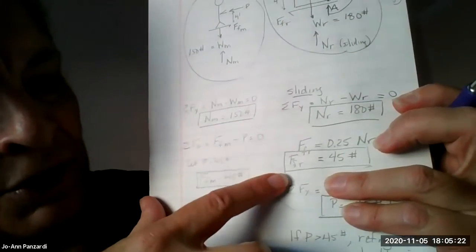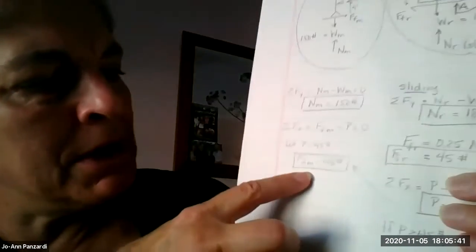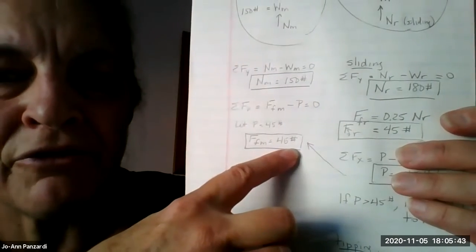Hang on, I'm sorry, sliding happens first. So since sliding occurs first, I'm going to put in the 45 pounds for P, and I'm going to get a frictional force of 45.